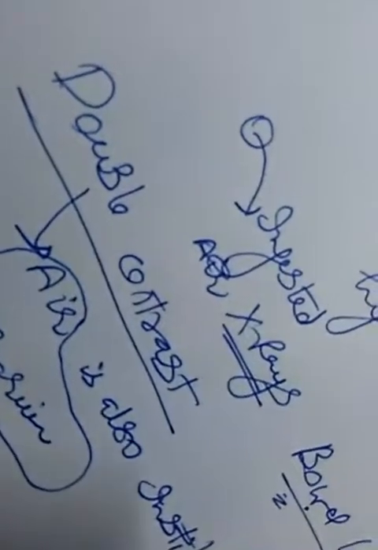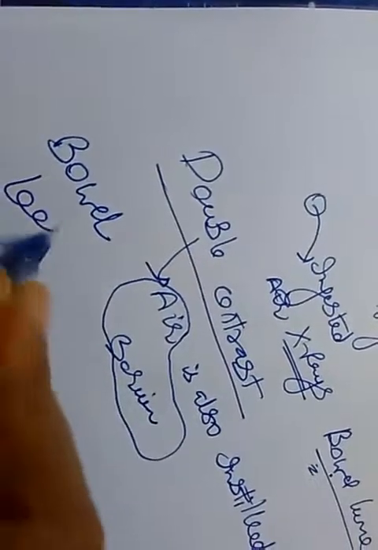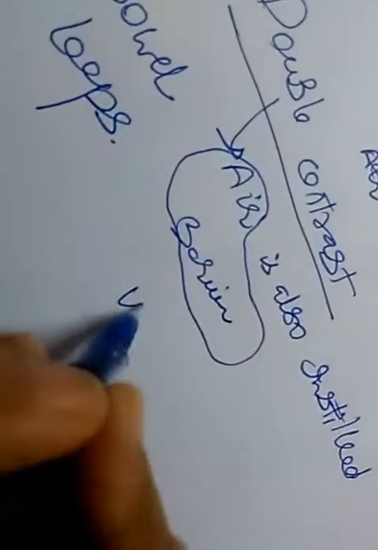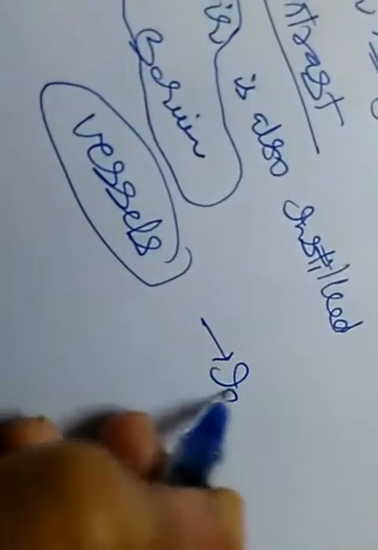This was for your GIT loops, that is, bowel loops, which we can check through barium sulfate. But for vessels we use iodine. Now see, this is an example of a barium sulfate follow through. This was about the bowel loop demonstration.